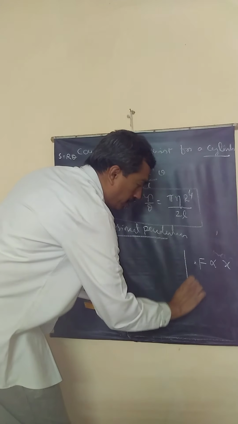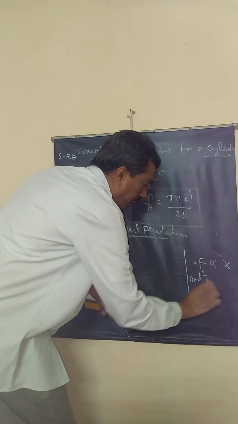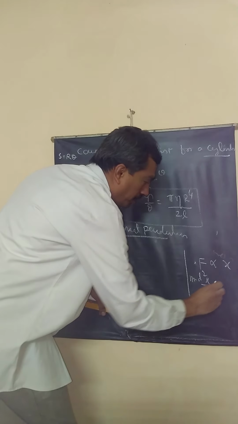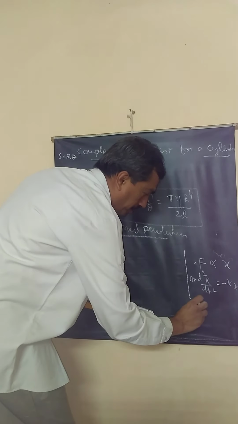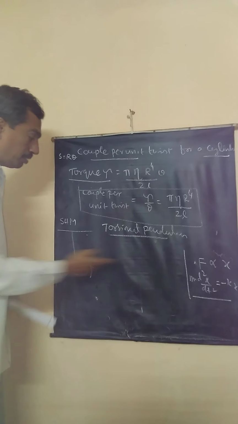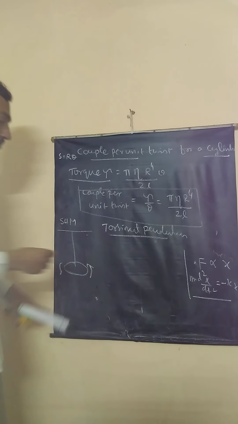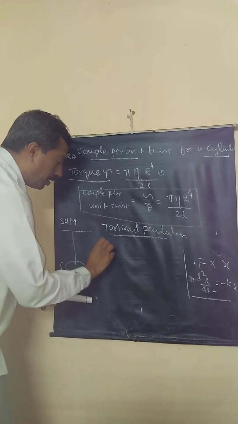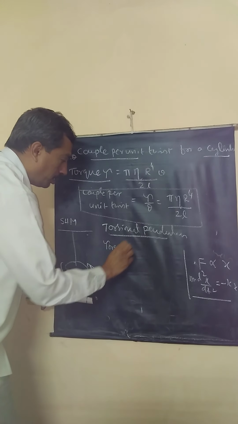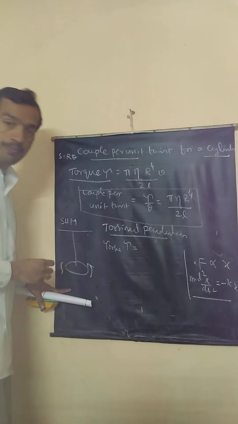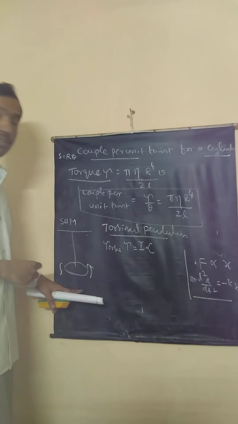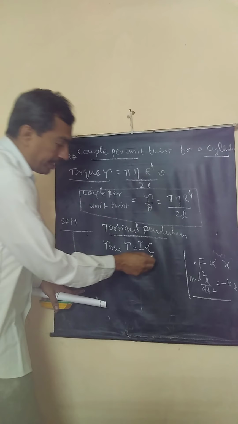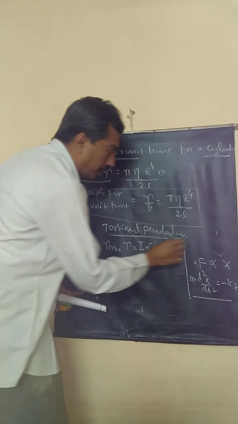Force is m into d square x by dt square is equal to minus kx, correct? Now you will get a similar expression with torsional pendulum also. In a torsional pendulum, torque tau is equal to moment of inertia into angular acceleration. This is the expression similar to this.